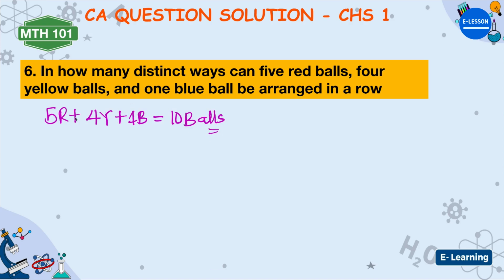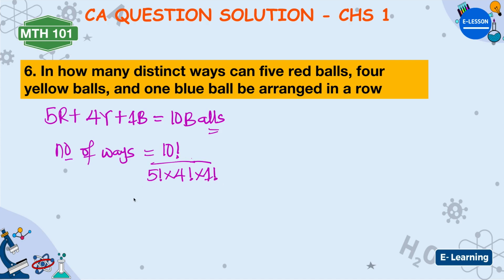So to get the number of ways, this is a very simple potential question that will come, is 10 factorial over 5 factorial, since we have 5 red, times 4 factorial for the 4 yellow, times 1 factorial for the 1 blue.